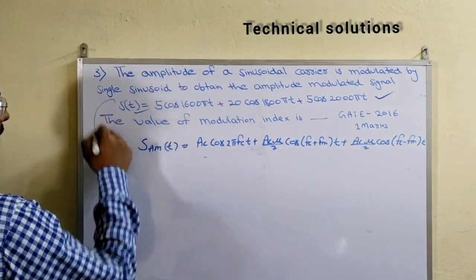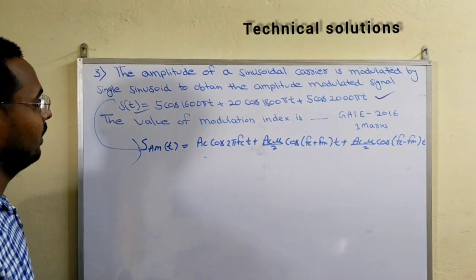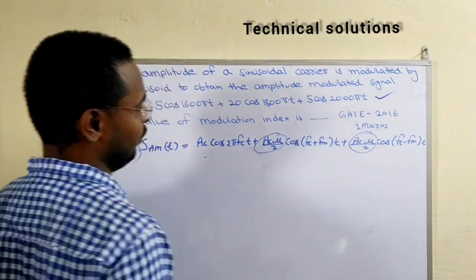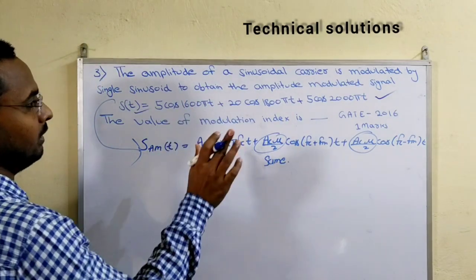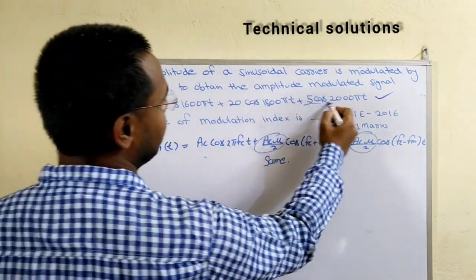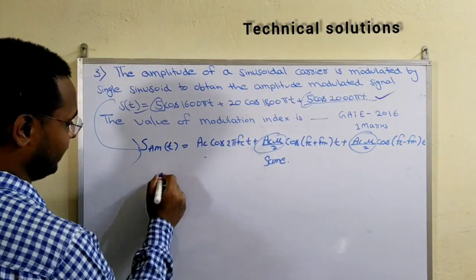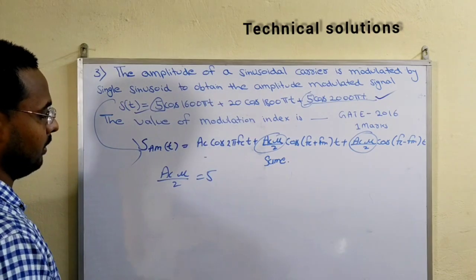Compare this equation with the given one, then you will easily find out the value of mu. Ac mu by 2, Ac mu by 2 means the amplitude is the same. Find out in which 2 expressions the amplitude is the same. This is 5 and this is 5. Fine. Then our Ac mu by 2 equals 5. How?